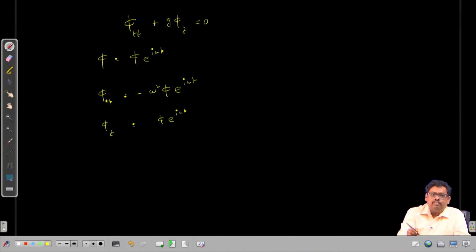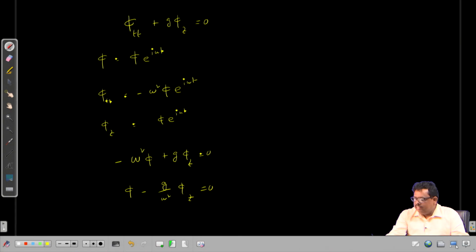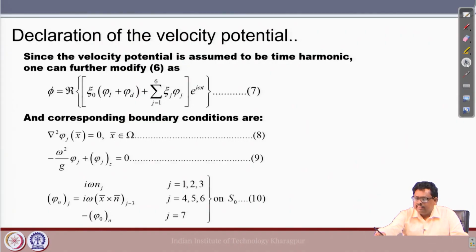If you substitute over here, what you get is minus omega square into phi plus g into phi z equal to 0, and then phi minus g by omega square into phi z equal to 0. So this is the alternative expression for phi. You can see it here. Here I did the opposite, I just divided by g, this does not matter.